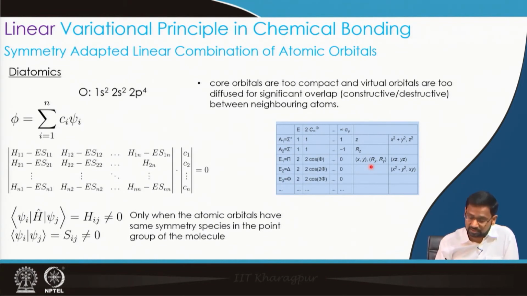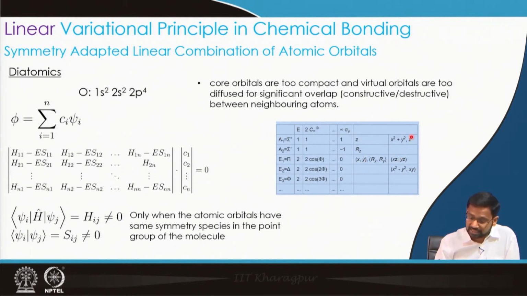For example, in this character table, you would see that x square plus y square, that would be the totally symmetric part of this function. The z we will use for the 2pz orbital, x and y we would use for 2px and 2py orbitals symmetry.